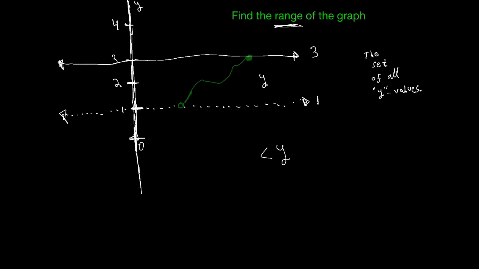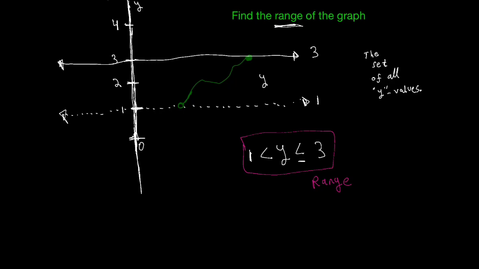It's going to be less than positive 1, and we're going to write this strict inequality with no equal to because of this open circle. And now we can write less than or equal to positive 3, the less than or equal to associated with this closed circle. And this right here, that is going to be the range of this graph.